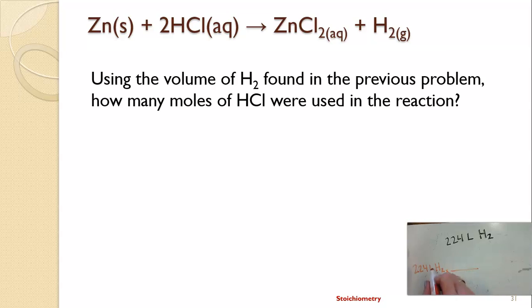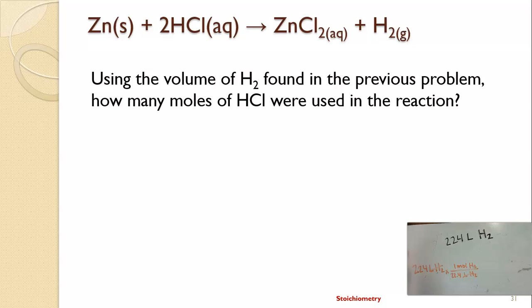Well, I'm in liters. I don't want liters. I have to convert everything to moles first. So I just go down my unit. I happen to know a conversion that goes from liters to moles. Okay, 22.4 liters in 1 mole of hydrogen gas, and 1 mole of any gas. Okay, I've converted out of liters into moles.